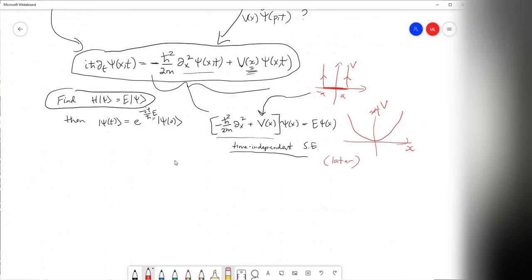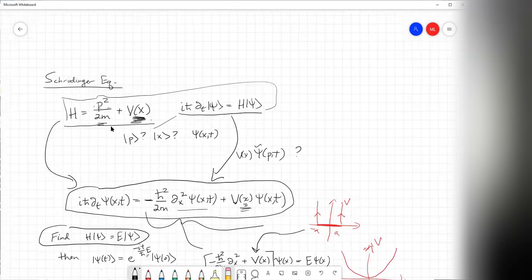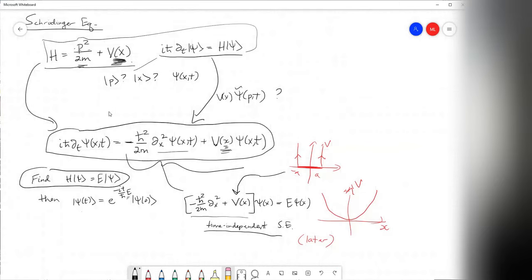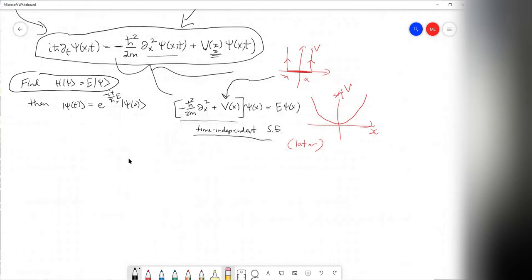I want to mention some more things related to the Schrodinger equation, in particular, the time-dependent one. And one is probability currents.